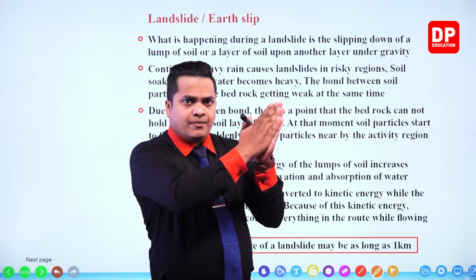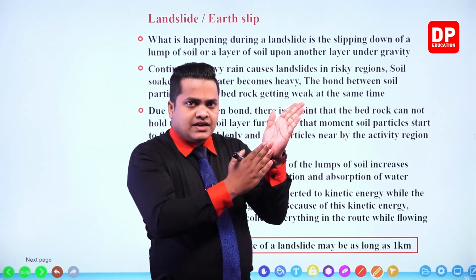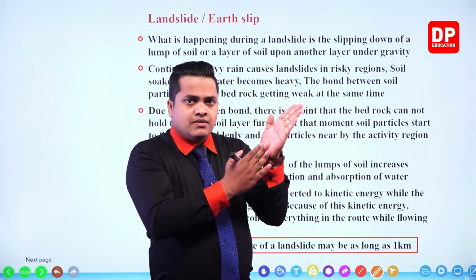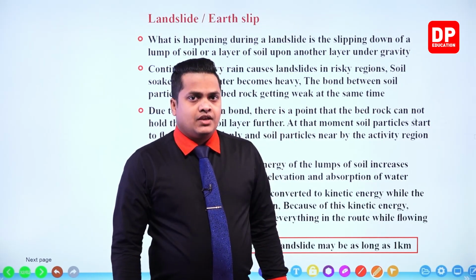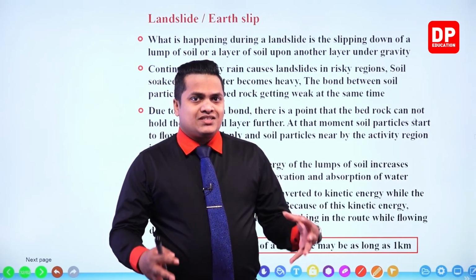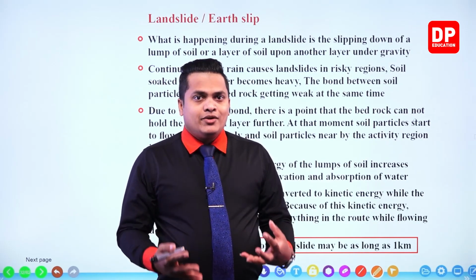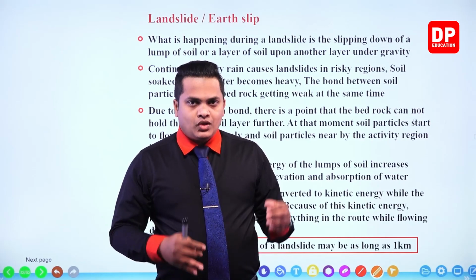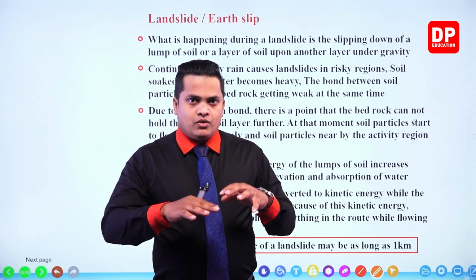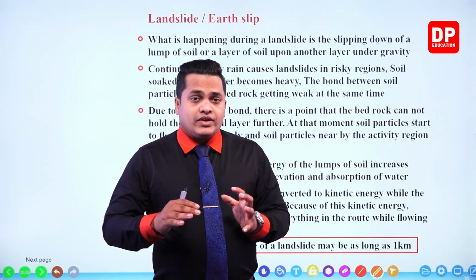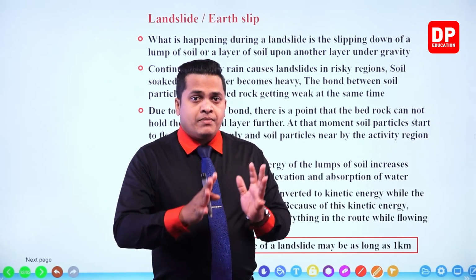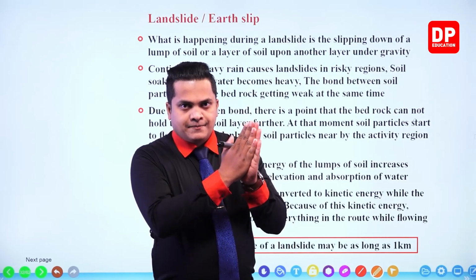Then what will happen? Definitely my second hand will come down like this, because you know that water is somewhat slippery. That's the thing which is going to occur during a landslide also. You know that in our earth, the soil layers are arranged one by one like this.